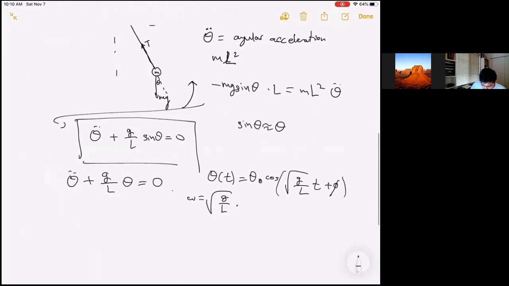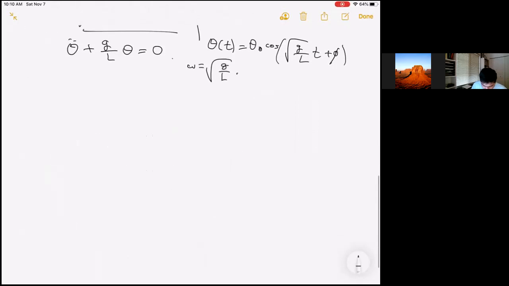And let me just say in general, when you have small oscillations, especially physically, let's say the position parameter is some p. So p is either x, that was in our spring example, or theta in our example just now, and usually it'll be one of x or theta, but in different contexts.